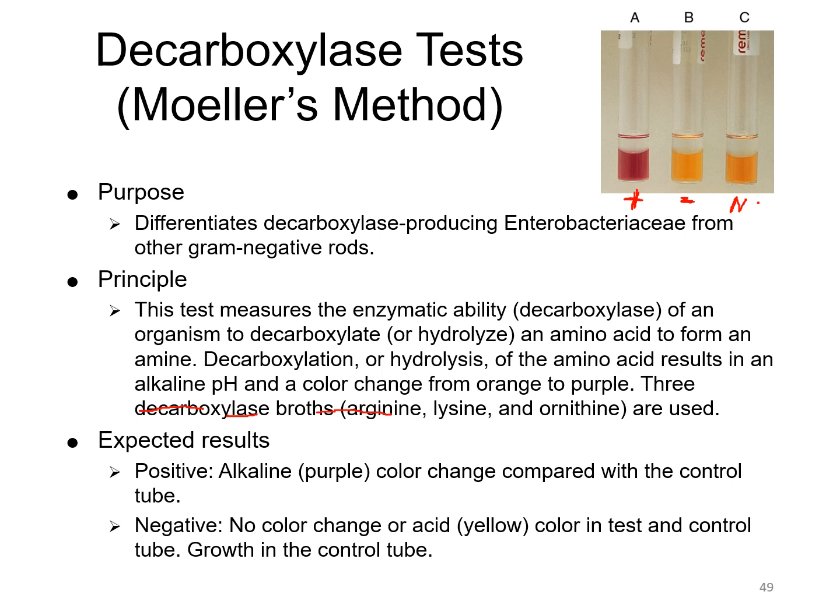So this last tube here is an uninoculated or a no change tube. So that particular tube, you can see that the color is pretty similar to the negative. So this negative tube, this organism was not able to hydrolyze that particular amino acid.